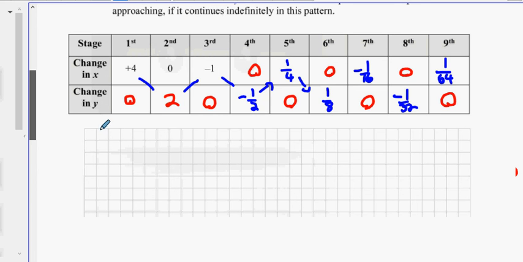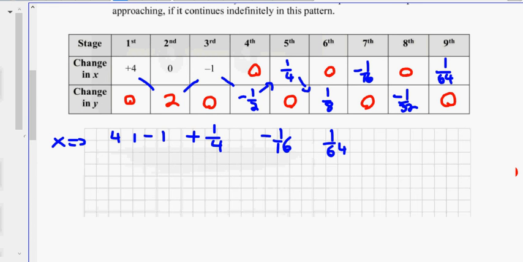Now, what we need to do is sum up the changes in x. So x is 4 minus 1 quarter minus a 16th plus 1 over 64, and so on. So to get the sum to infinity, we see how much we move overall.